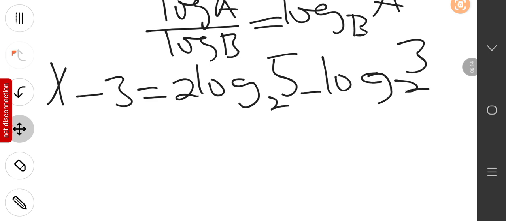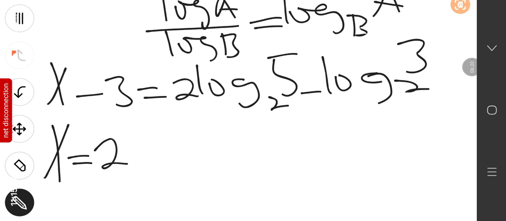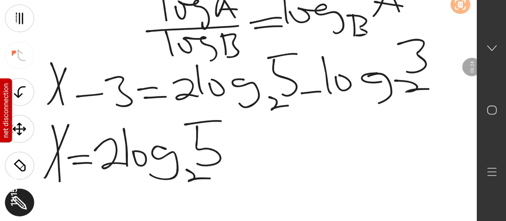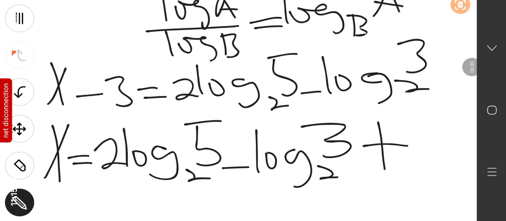So let's make x the subject of the equation. We're going to have x equals 2 log 5 base 2 minus log 3 base 2 plus 3. So this is our answer.